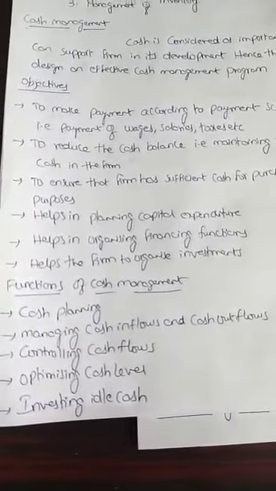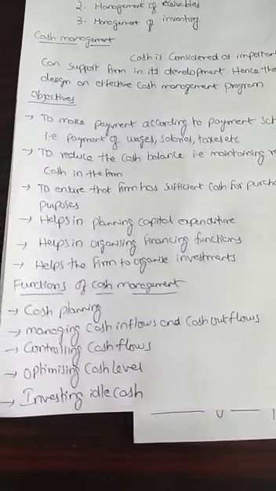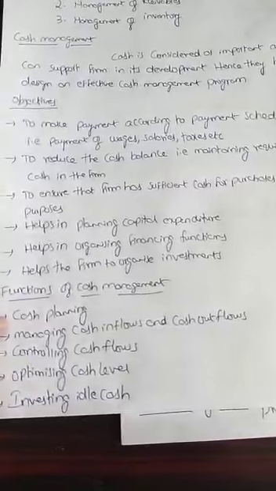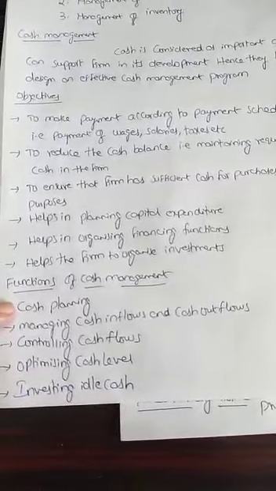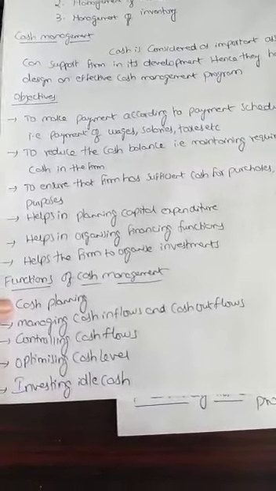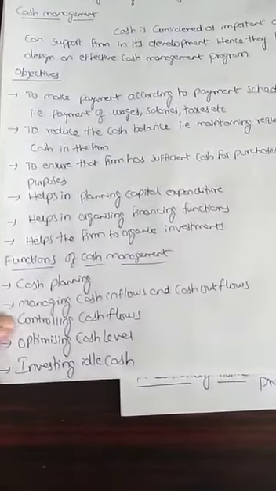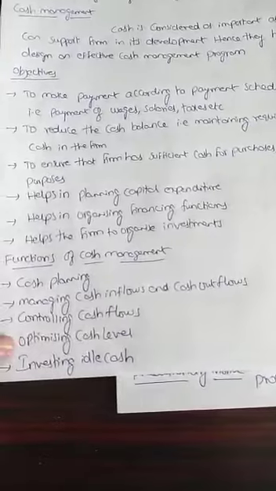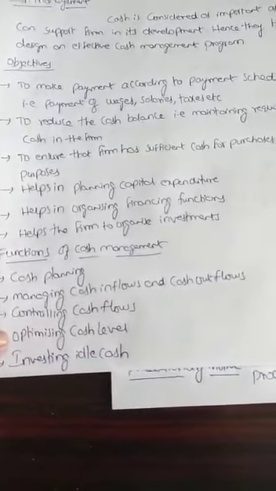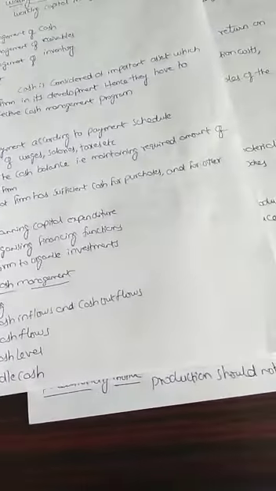And functions of this cash management. So, these cash management functions are cash planning, planning for the cash to be maintained in the organization, and then managing the cash inflows and cash outflows, controlling cash flows, and optimizing cash level, and investing the idle cash in different avenues.